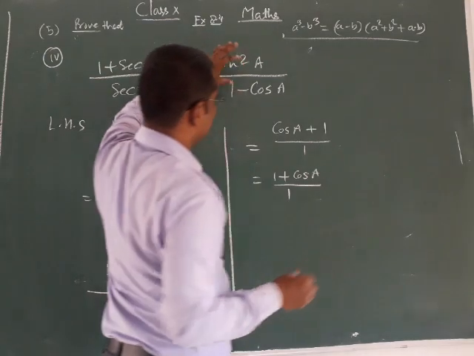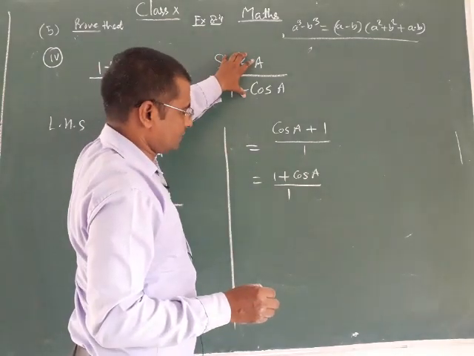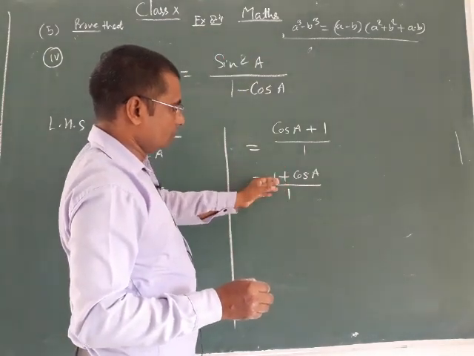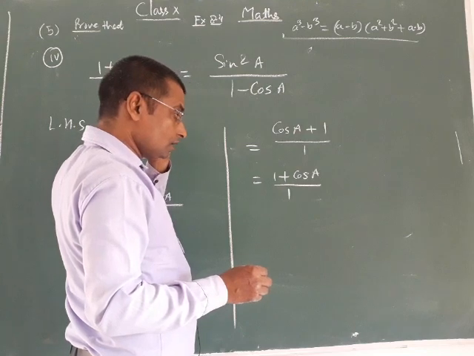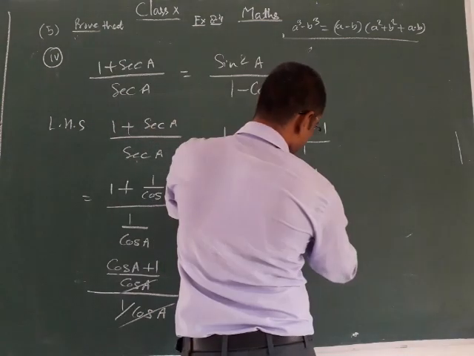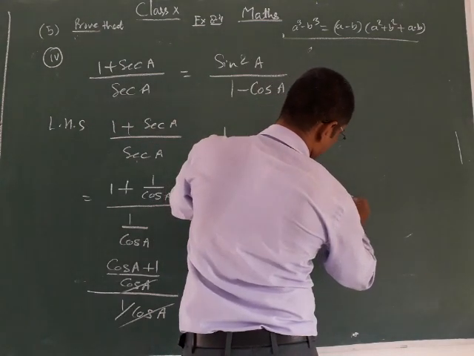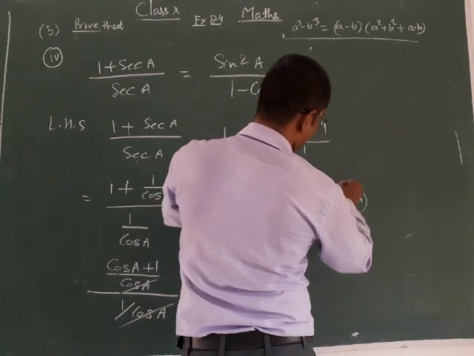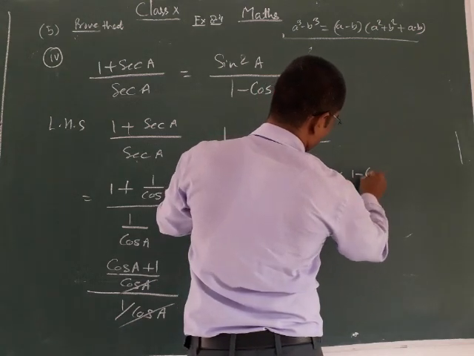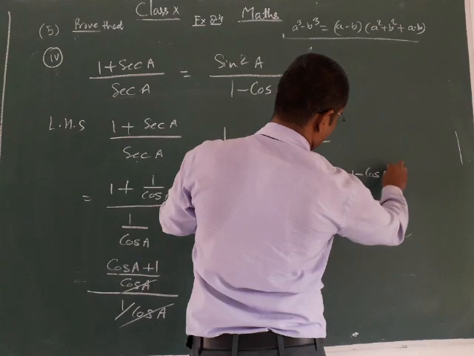So it is equal to cos a plus 1 upon 1, and also you can write 1 plus cos a upon 1. So now to change this into the RHS, we multiply by 1 minus cos a in numerator and denominator.